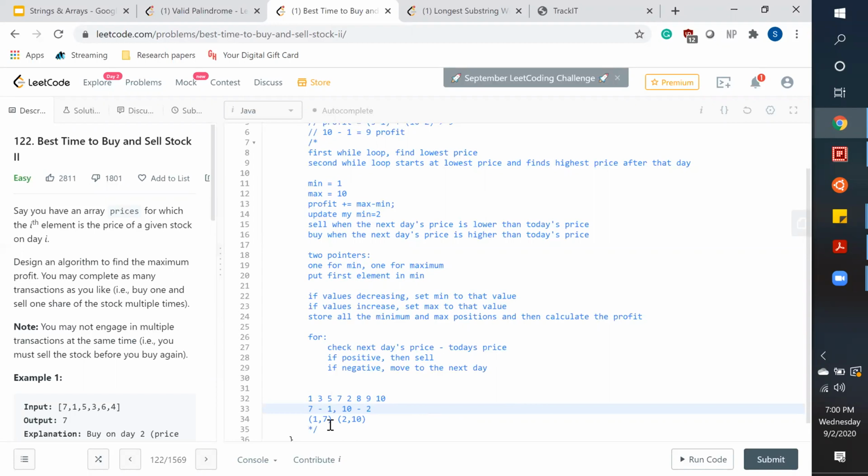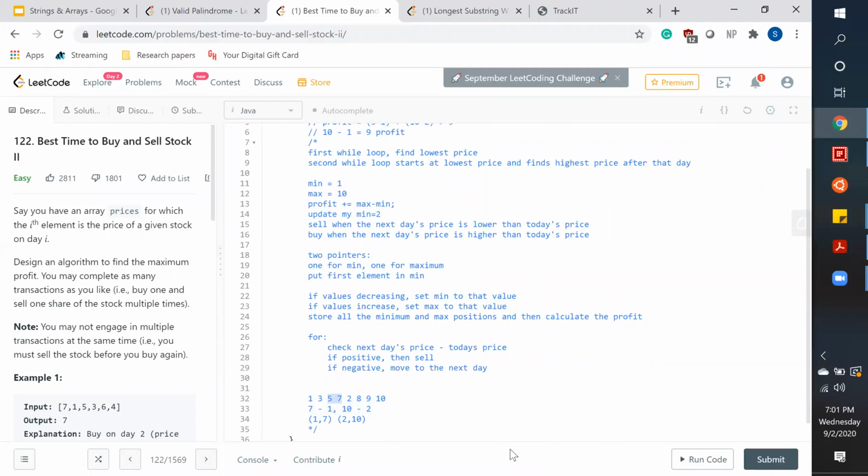Do you notice that 7 minus 1 is actually the same as checking the difference between 1 and 7, which is the same as the difference between 1 and 3 plus the difference between 3 and 5 plus the difference between 5 and 7. Exactly.